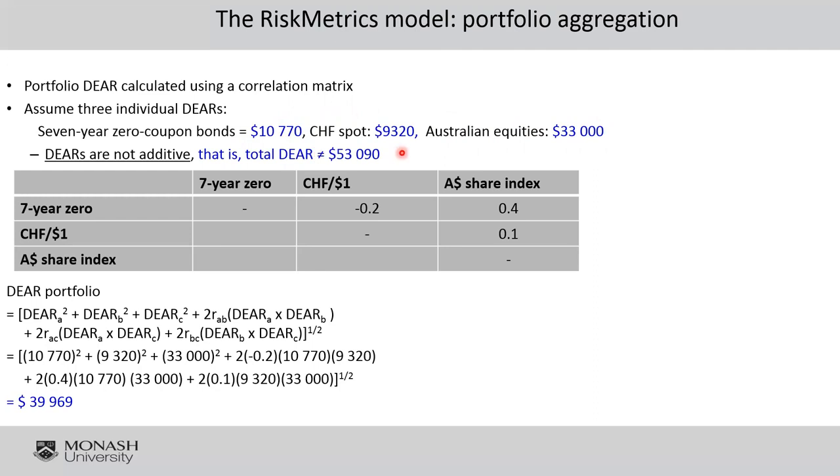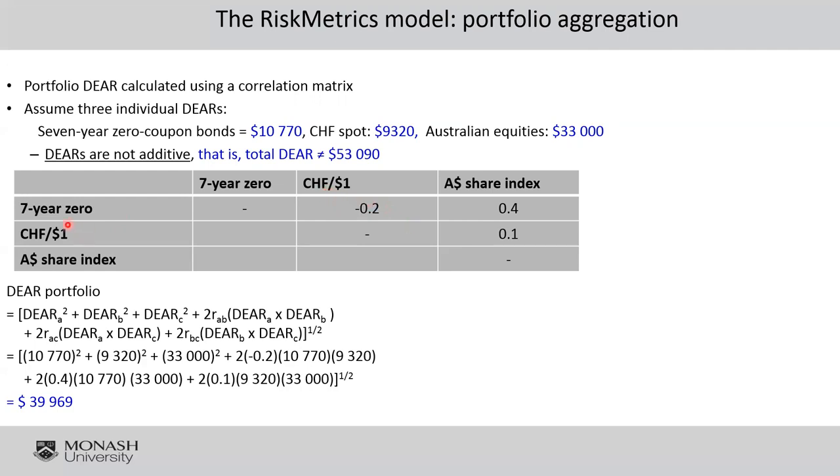When we account for the overlapping, we have to see the correlation of the changes in the prices of those assets. We find that the 7-year zero coupon has some correlation with the exchange rate, the dollar to the Swiss franc, 0.02.